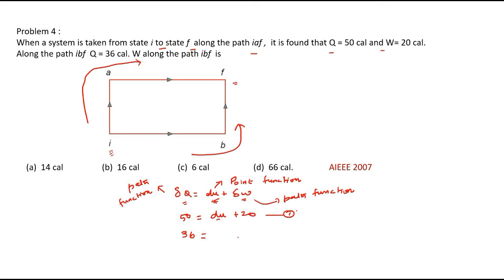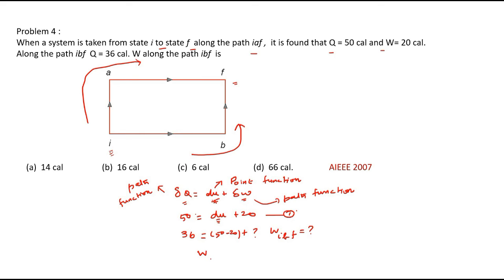W along the path IBF is what is asked. Here dU you don't know, but you can find dU from the previous one: 50 minus 20. Only W along the path IBF is asked.